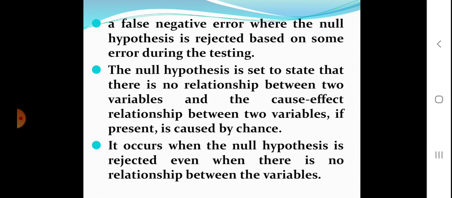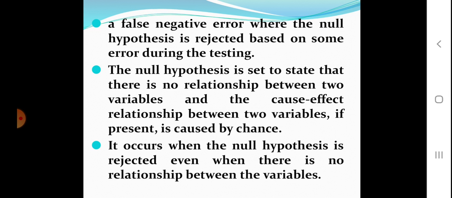The null hypothesis states that there is no relationship between two variables, and the cause-effect relationship between two variables, if present, is caused by chance. This Type 1 error occurs when the null hypothesis is rejected even when there is no relationship between variables.